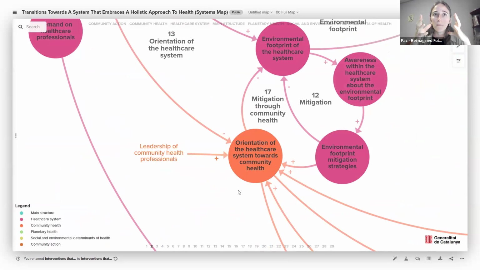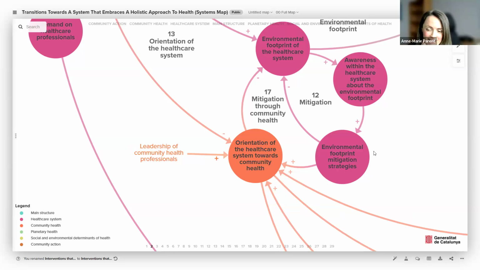Today in Catalonia they are mostly disregarded, but a lot of doctors, nurses and healthcare professionals are advocating for this, and there are a lot of emerging initiatives to give preventative care a bigger representation in the healthcare system. I don't know if I answered your question completely, but it's kind of mixed in the different regions.